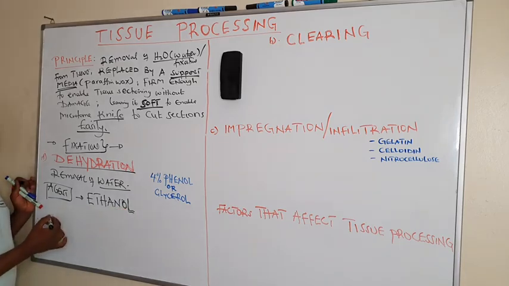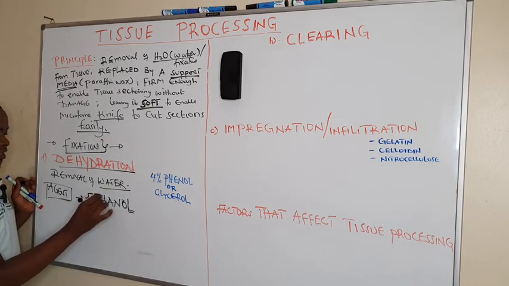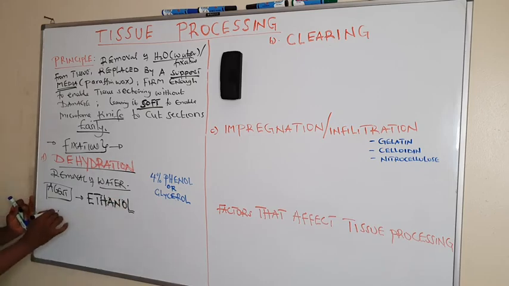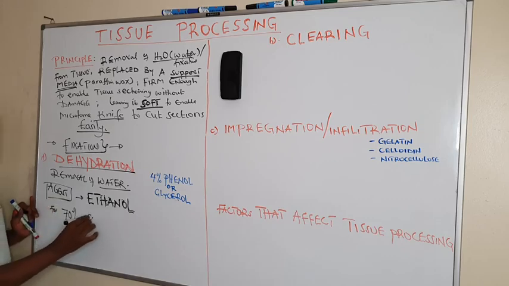And this ethanol, which is used in this step, we use in increasing changes. For many tissues, we normally begin with 70%. Then we go to 85%.